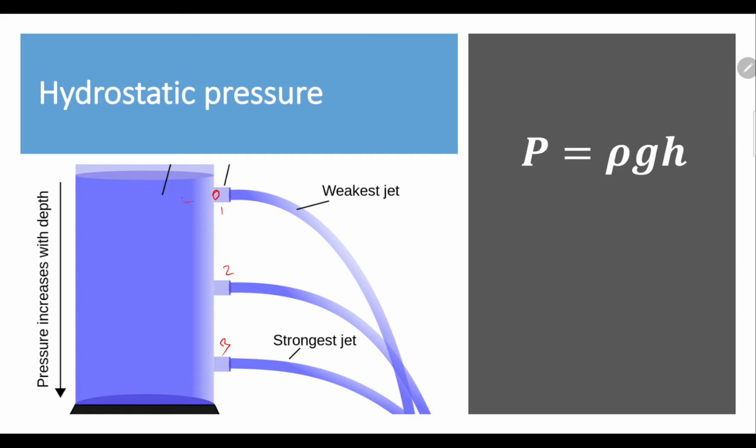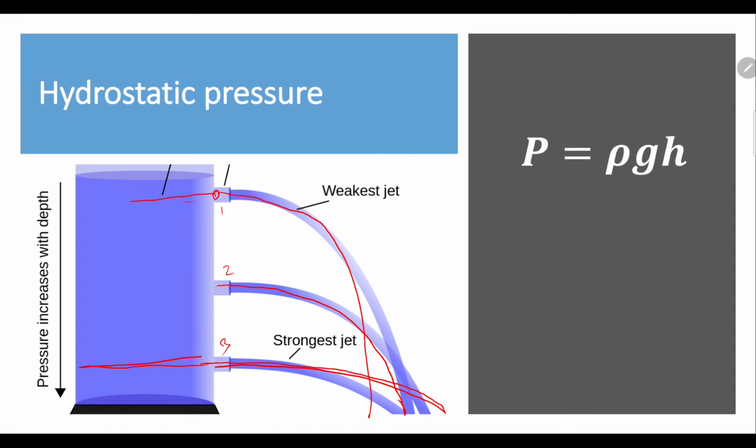Now, which hole will have the strongest jet? Of course, the lowest one will come with a very strong jet. This one with a medium or moderate jet, and this one will come with a slow jet or the weakest jet.